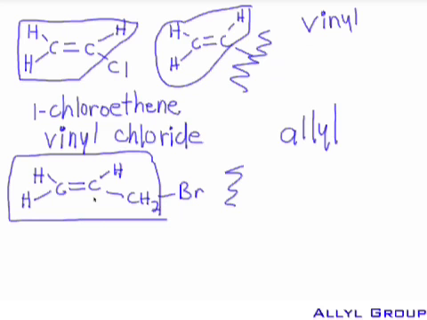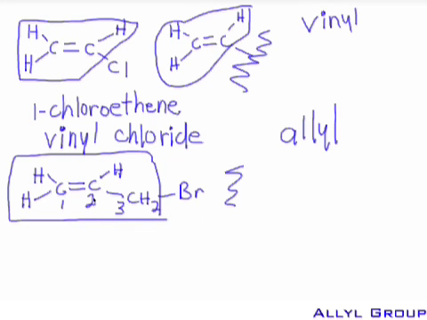If I was to do an IUPAC name for this, I'd find the longest carbon chain, 1, 2, 3. Where would you number from? Should bromo get the 1 or should the double bond get the 1? Well, double bond's higher priority than bromo, so you would number this way. And so this carbon in IUPAC would be a propane, a 3-carbon alkane.